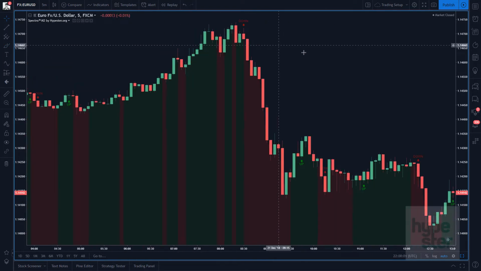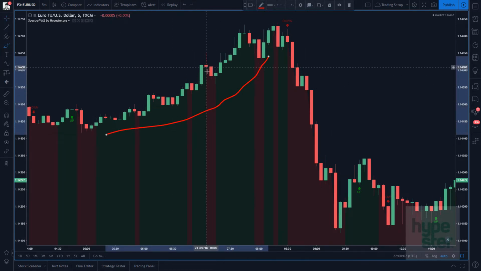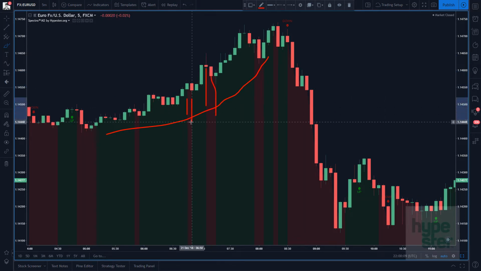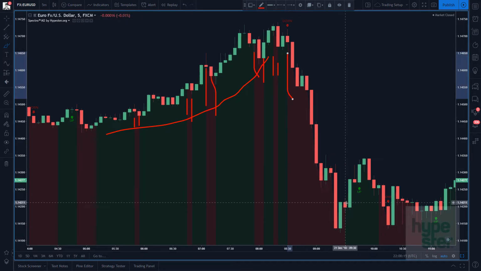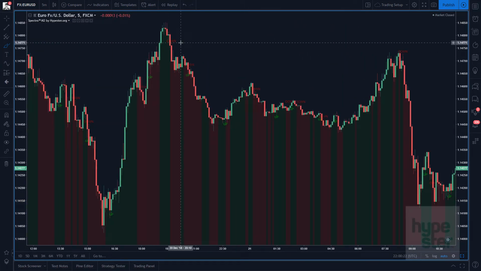For instance, like this. This is better. Yet, yes, you have some choppiness, but you see how it reacts faster? Okay, you want a very reactive mode when you're trading such small time frames, especially if you're using leverage, for instance.